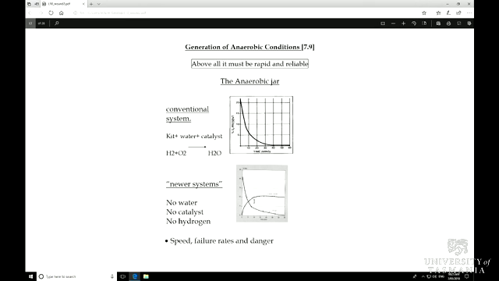So it'll be no oxygen, but CO2 plus nitrogen. You have a jar with two holes, an in hole and an out hole, and you pump the gas in, it pushes all the air out, and the jar's now anaerobic. They're quite cheap. You can buy the gas cylinders, and it's quite efficient to do it that way. It's a bit tedious to do, but it still works pretty well.